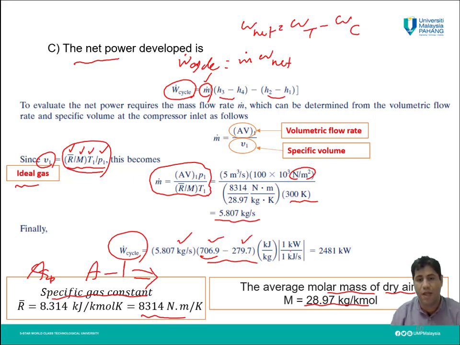Just substitute, and we use this unit conversion ratio because it was mentioned that we need to calculate the net power in kilowatts, which will be equal to 2,481 kilowatt, the net power output of this cycle.